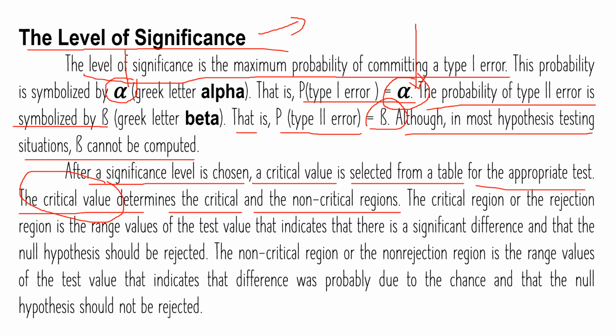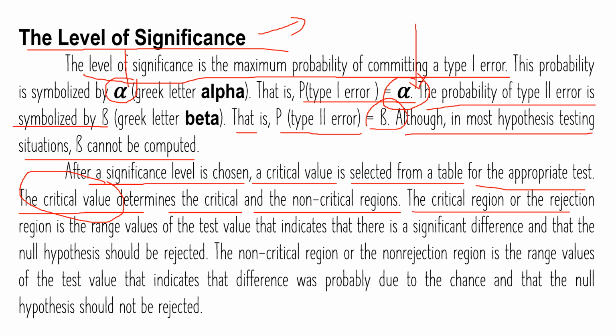That will be your critical value. That's why you always compare your critical value and your computed value. Because if your computed value falls on the critical region, then you're going to reject your null. If your computed value, your Z or T or F value, falls on the non-critical region, then you're going to accept your null hypothesis.